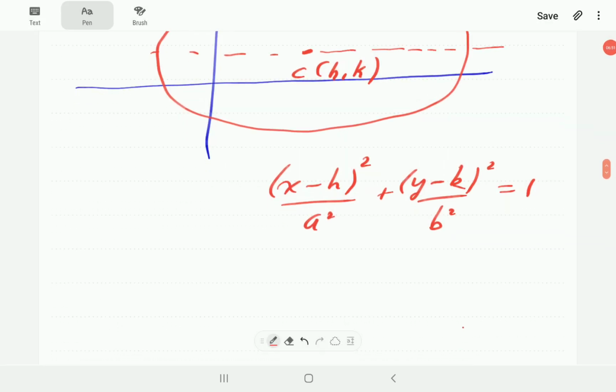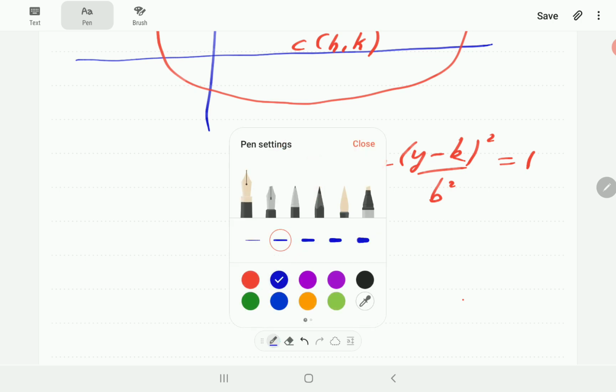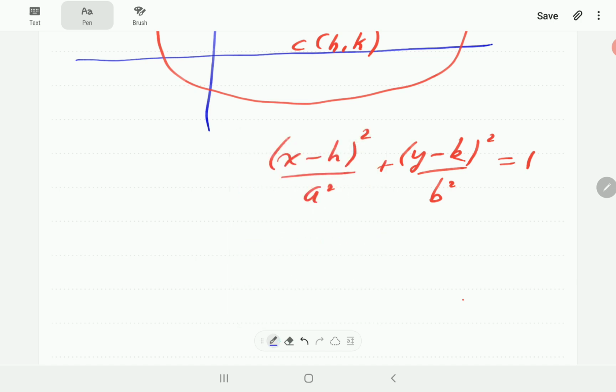All right, the eccentricity is a measure that tells us how much the ellipse has deviated from a perfect circle. Eccentricity e is equal to c over a.